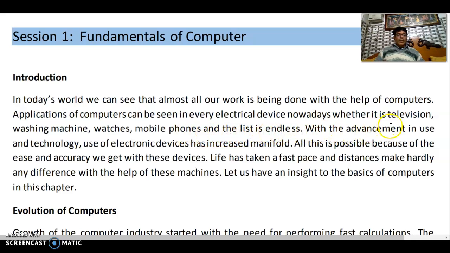With the advancement in technology, use of electronic devices has increased manifold. All this is possible because of the ease and accuracy we get with these devices. Life has taken a fast pace and distances make hardly any difference with the help of these machines.